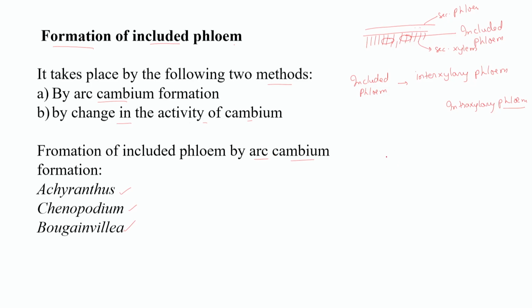Suppose in Achyranthes and Bougainvillea, what we have studied is that there is a formation of accessory cambium. Suppose in Achyranthes you have two vascular bundles here and one accessory cambium formation was taking place.